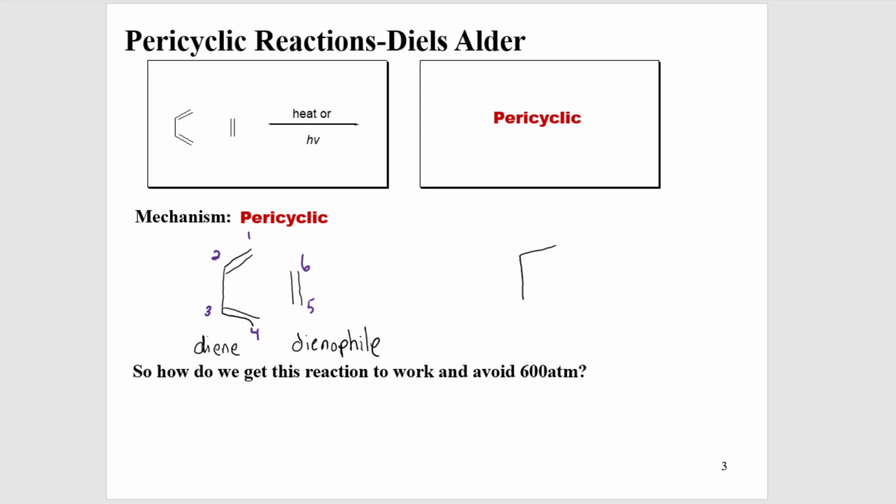Always. So you can almost draw it as your product. 1, 2, 3, 4, 5, 6. However, it's typically not going to be as bare bones as we've drawn it, but let's just focus on the electron pushing. Where are all the electrons going?